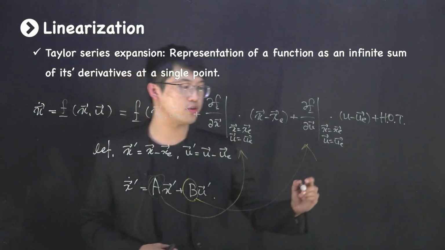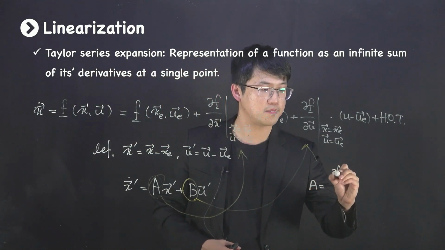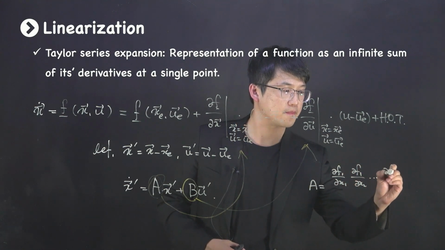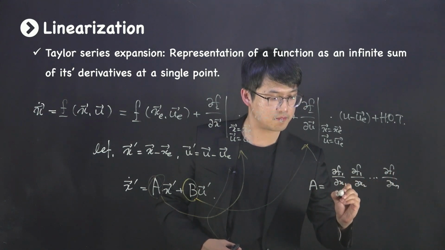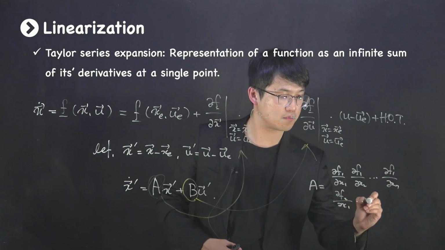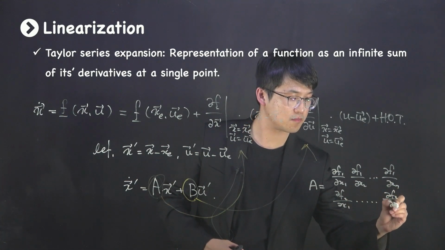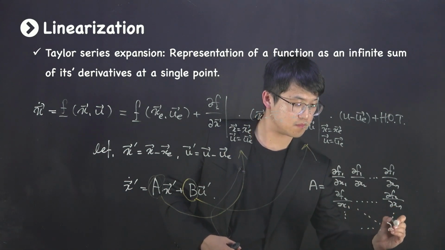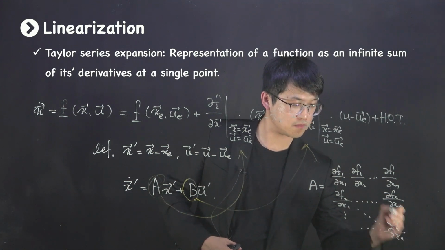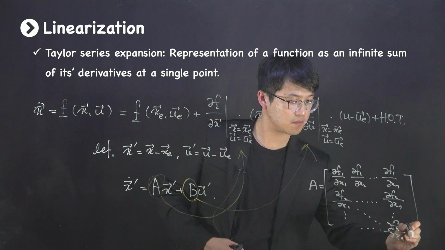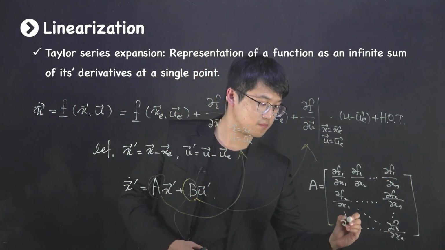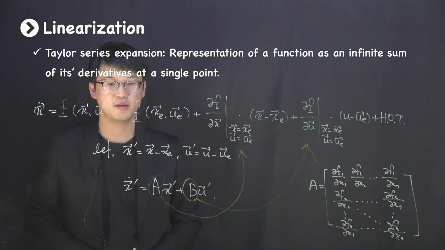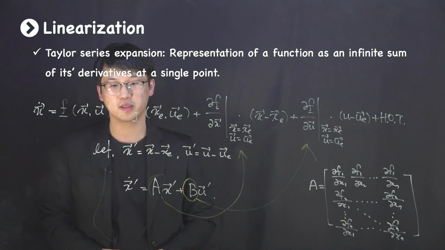For example, your A matrix would look like this. Now, I guess we are ready for starting the dynamic modeling of a quadrotor UAV.